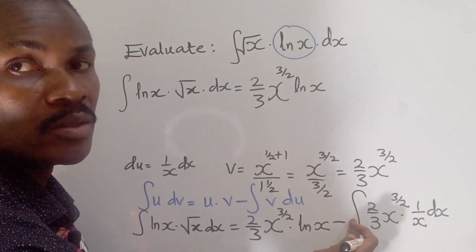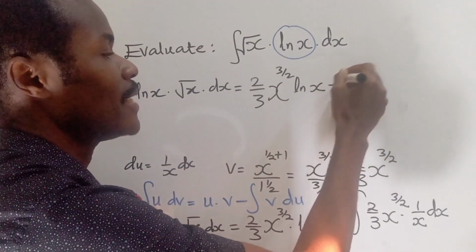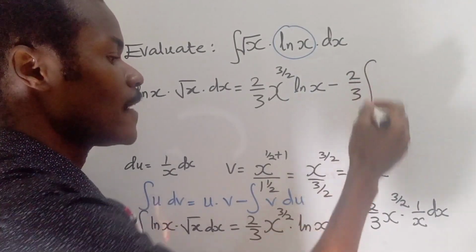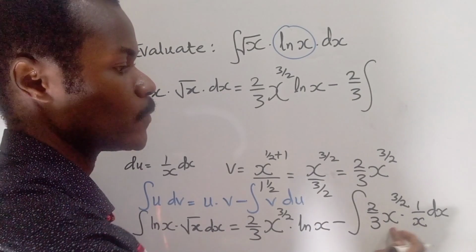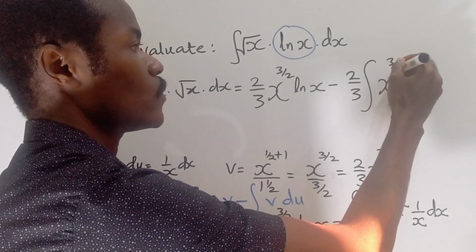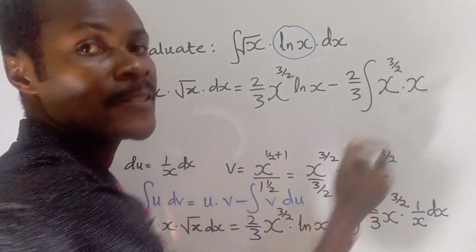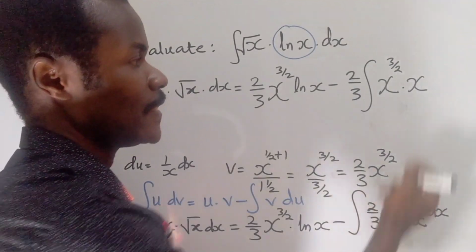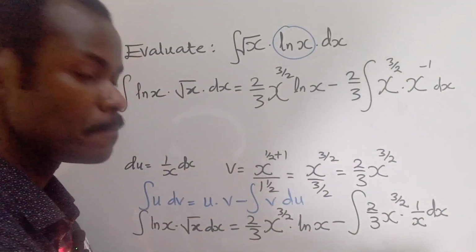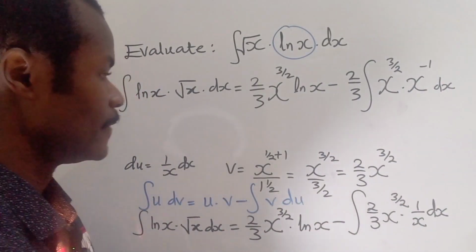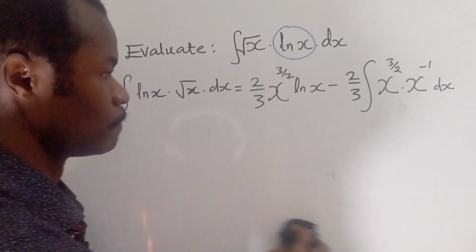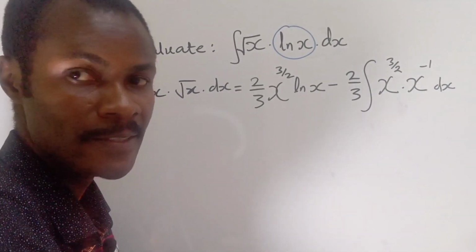I can bring this out as a coefficient, so we have minus 2/3 times the integral of, now we can multiply these two. We have x to the power of 3 over 2 multiplied by x to the power of -1 dx, if you apply the law of exponents or indices.